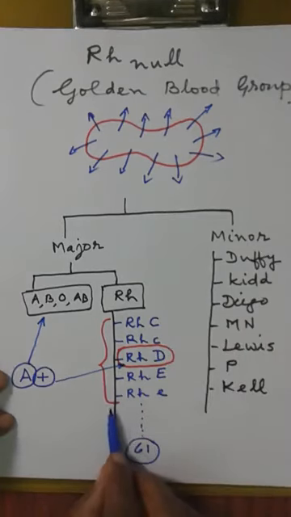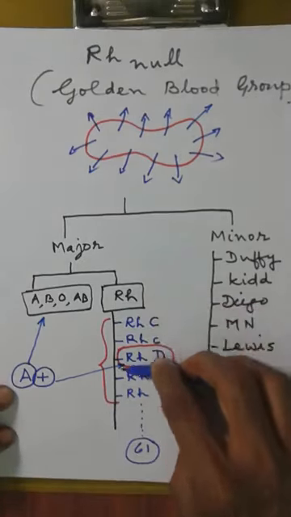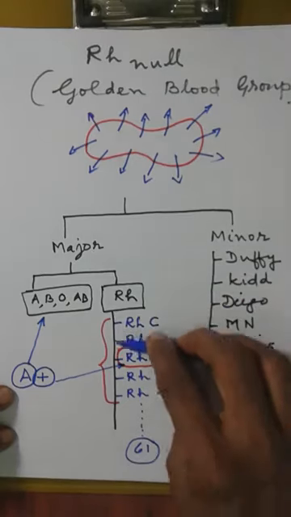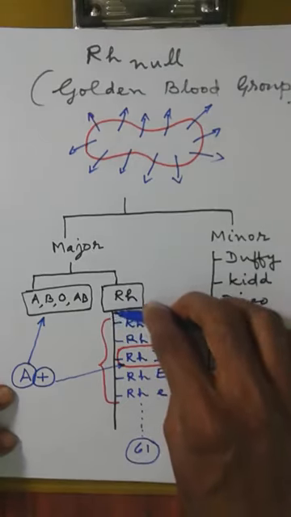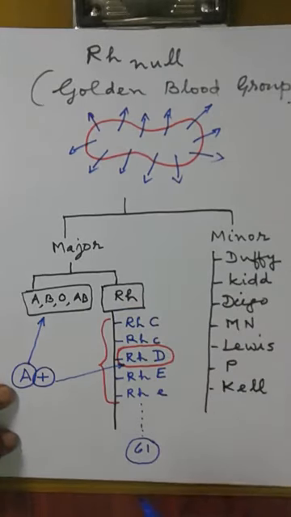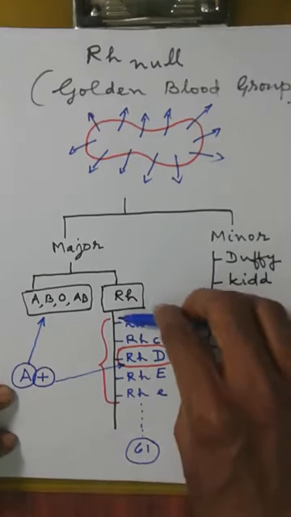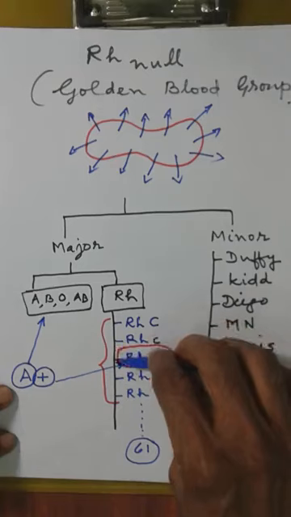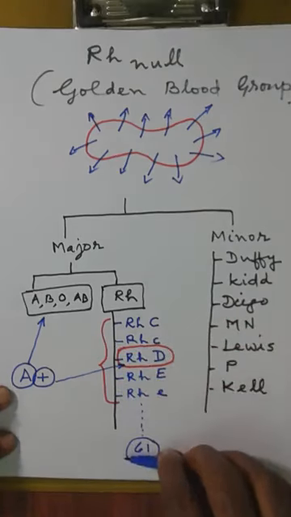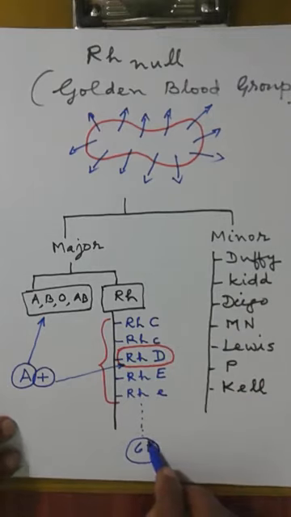If I have a man without all these RHs, then I will say RH null man. In an RH null man, no RH will be present in his blood. All the 61 RH factors will not be present.